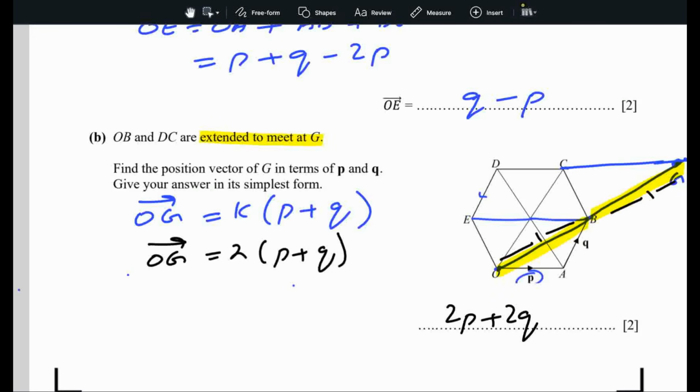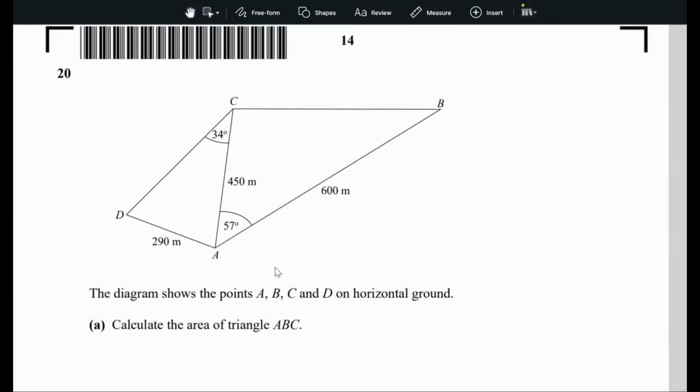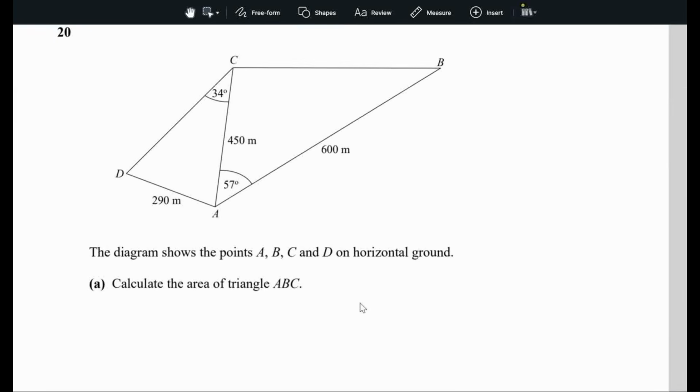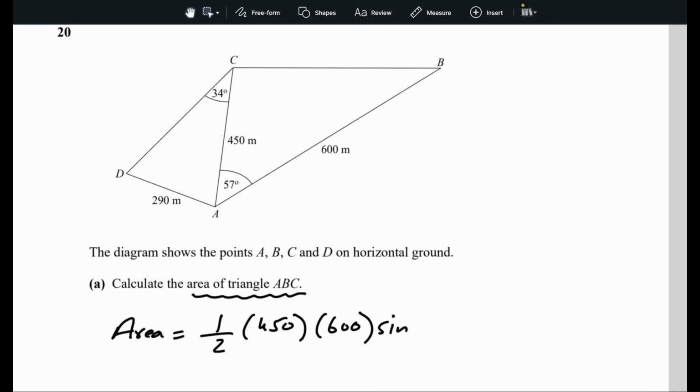I hope that the concept is clear. Let's move to the next one, question number 20. Calculate the area of the triangle ABC. For the area, what we have to do is, area will be equal to 1 by 2 into 450 into 600 into sine of 57.